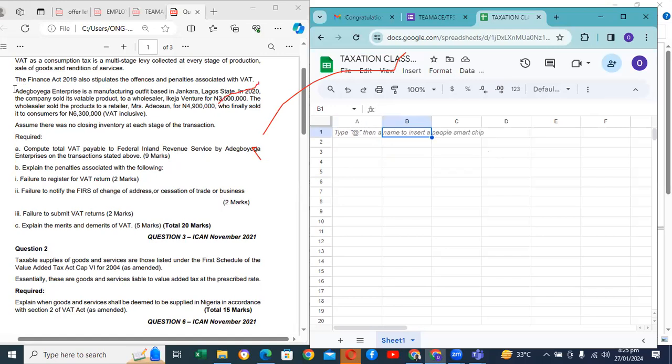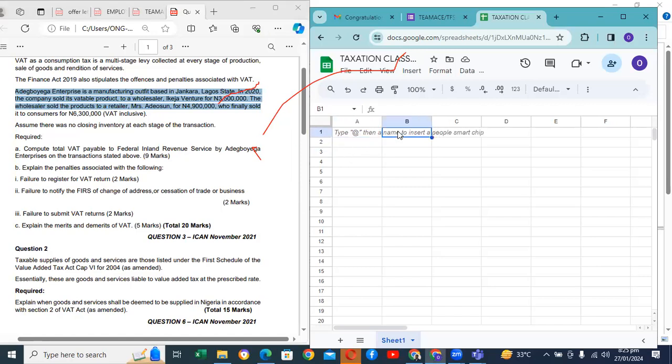Adibwiga Enterprises is a manufacturing outfit based in Jankara, Lagos State. In 2022, the company sold valuable products to wholesaler Ikeja Venture for 3.5. The wholesaler sold to retailer Mr. Adeosun for 4.9, who sold to a consumer for 3.6. So let's look at it. What are we asked to do?